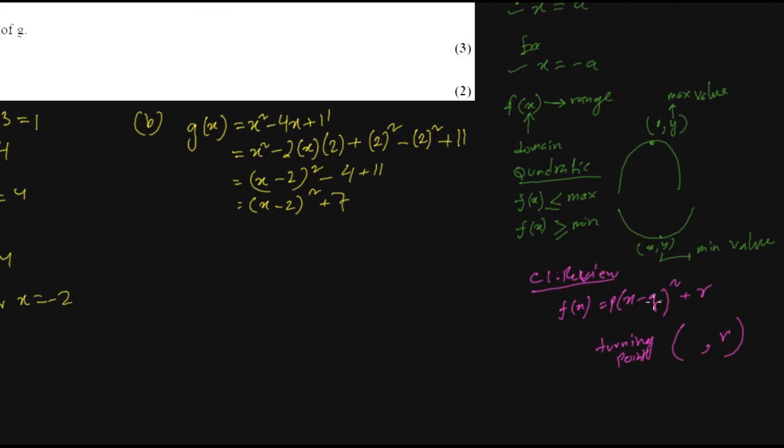If this is x minus q whole squared, if it is minus q, this would be plus q, so it will be the opposite sign, but the y coordinate will be the same. So here we know the y coordinate for this particular sum is going to be 7 and the x coordinate is going to be 2.